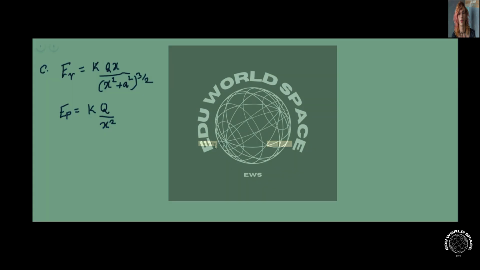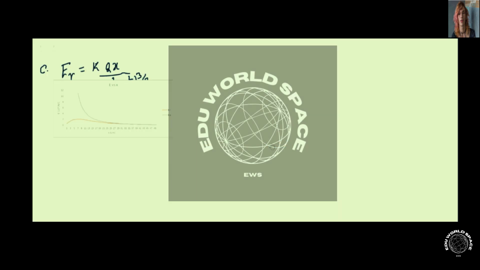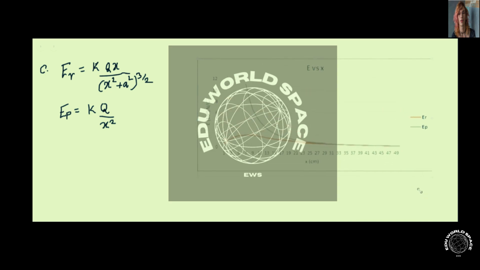So the graph that I have drawn here, I want to show you. I drew this graph again in MS Excel. So this is the graph that I drew, E versus X, where X ranges from 1 to 50, right? Now we have drawn that and shown that both fields converge at large x.